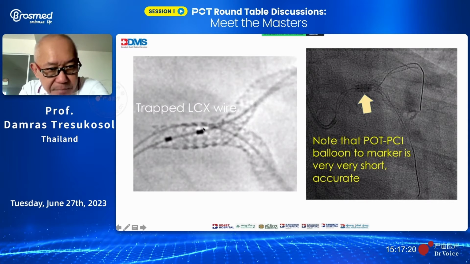So we pull back this circumflex wire and pass into the circumflex once again and do the POT here. You see that the POT PCI balloon marker is very, very close to the balloon.